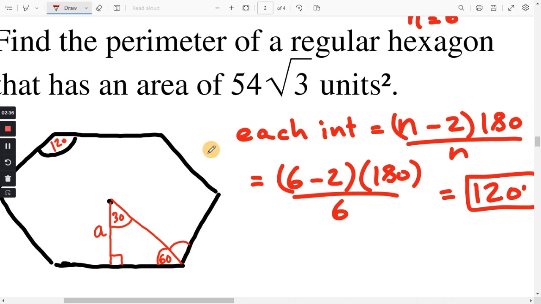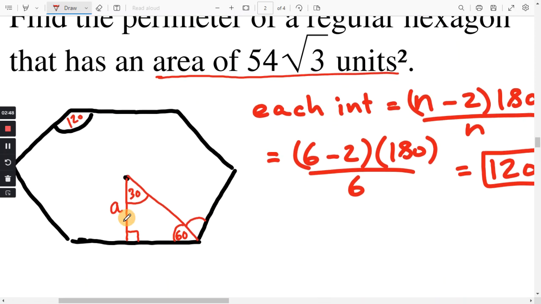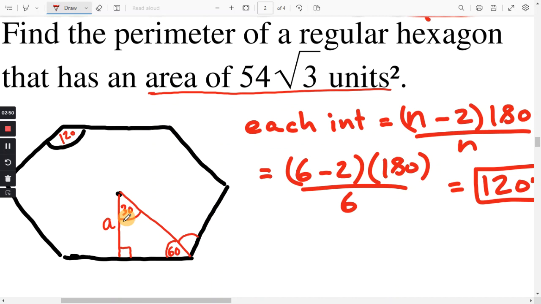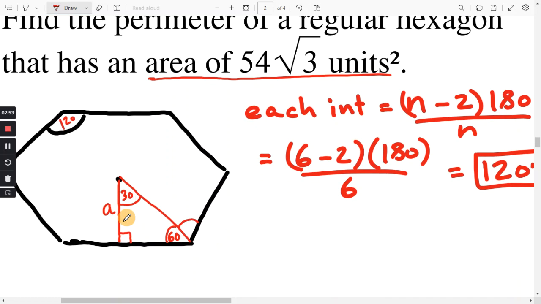All right. Now they said the area is 54 radical 3 units. We don't have any side lengths, but we do have the area. What we can do is write out the relationship between the apothem and the side lengths. We can call any side x, but I would rather call the short side x. So across from 30, I'm going to call this part, from here to here, x.